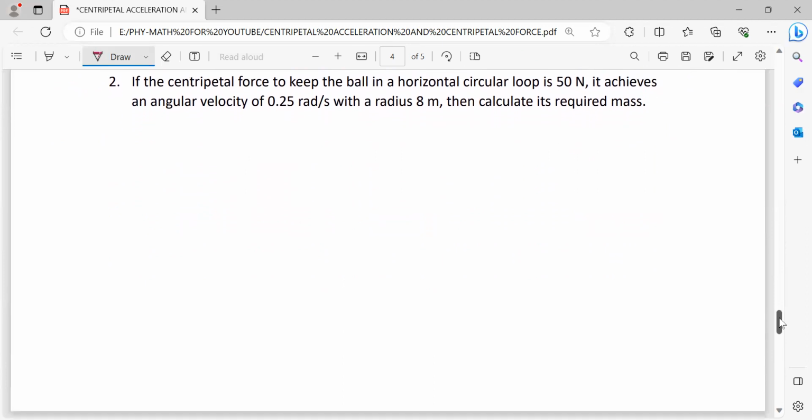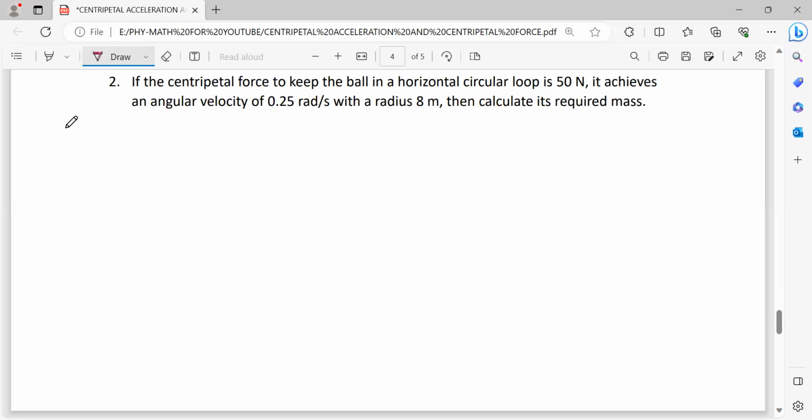Number two: if the centripetal force to keep the ball in a horizontal circular loop is 50 Newton, it achieves an angular velocity of 0.25 radian per second with a radius of 8 meters. Then calculate its required mass.